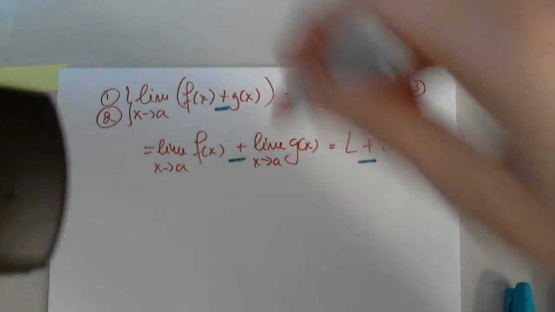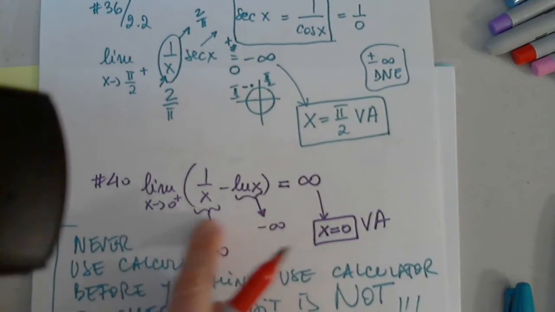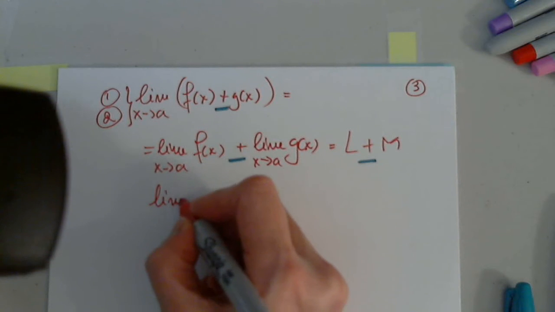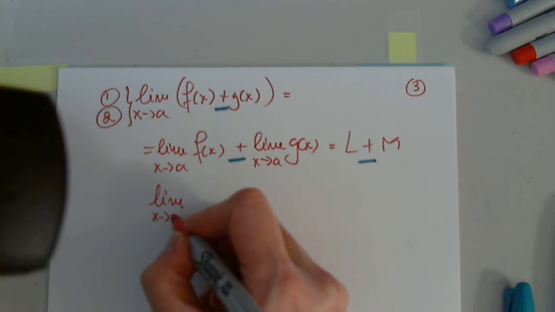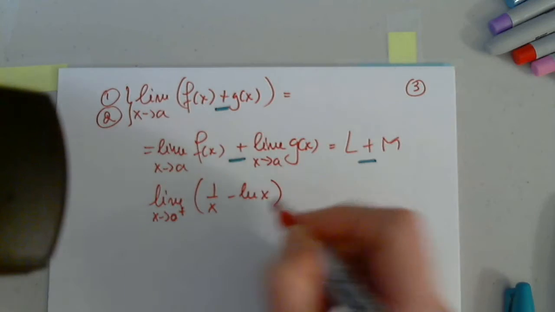So if the two limits exist, then I can write this. A minute ago, we were looking at this limit. Allow me to copy it. Limit as x approaches 0 from the right of 1 over x minus natural log x.